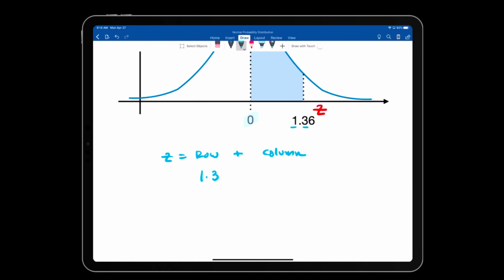So I'm going to look for a 1.3 row because I'm going to look at the two digits around that decimal, and then I'm going to look at this last digit, which is a 6. But that 6 is in the hundredths position. So the column I need to find is determined by this value. It must be in the hundredths position.